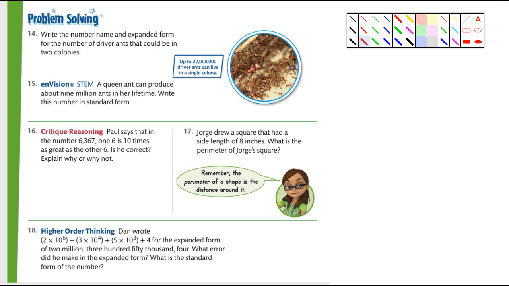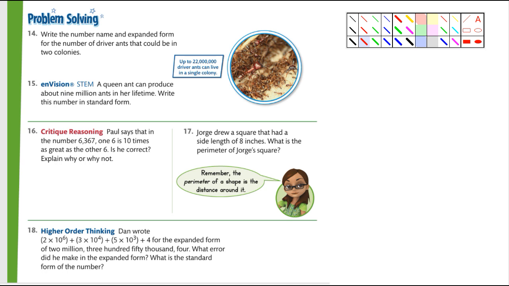So they have some information here that might be important. It says up to 22 million driver ants can live in a single colony. Okay, so write the number name and expanded form for the number of driver ants that could be in 2 colonies. Got to read it. Not 1 colony, 2 colonies.